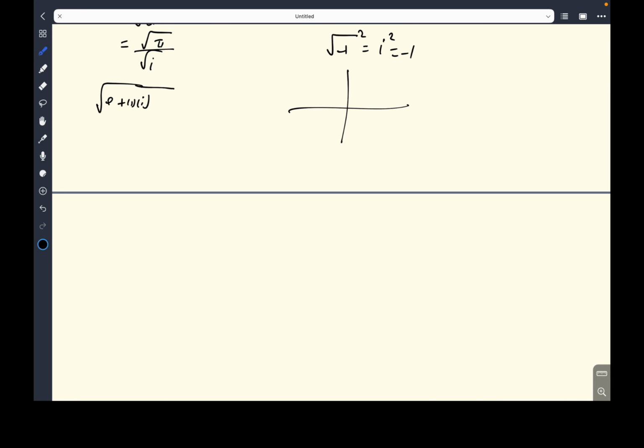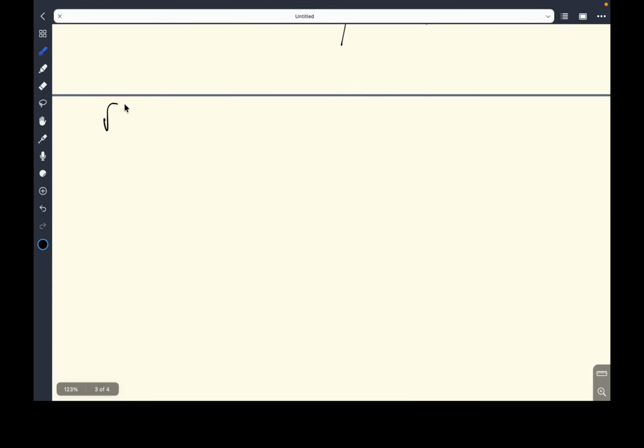Recall the complex plane, where the imaginary is defined as the y-axis and real as the x-axis. My imaginary number here is defined under the graph as 1 imaginary unit, and imaginary numbers can be written as r e to the i theta.